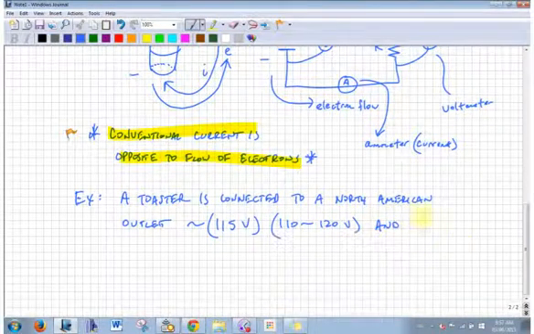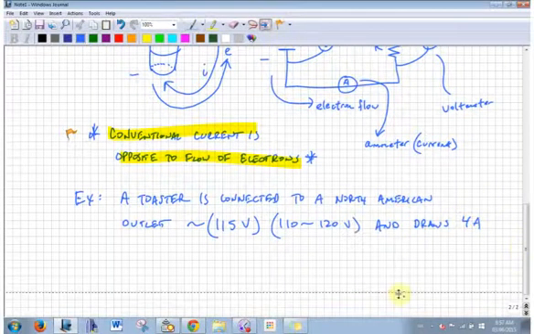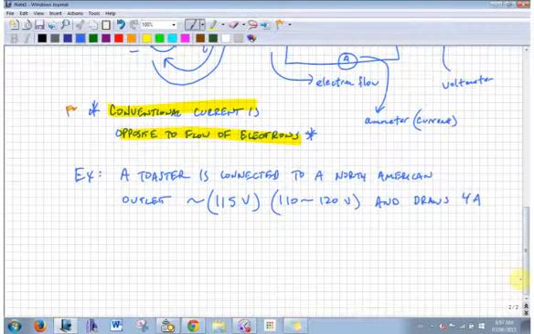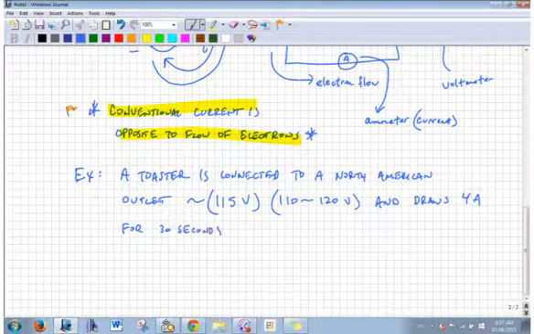And it draws 4 amps. That's the wording we usually use. For 30 seconds. A. What is the resistance of the toaster?